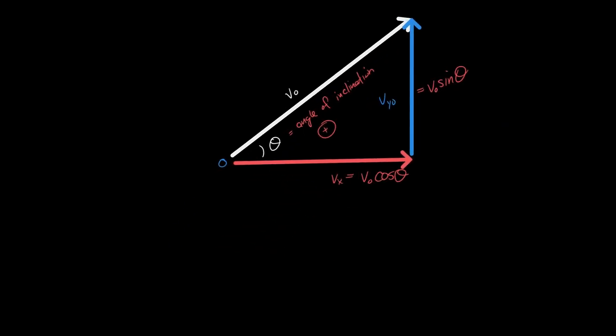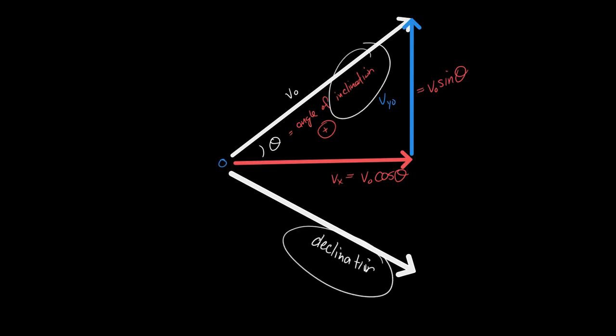The word declination can be used to describe negative angles of launch. So if you see the word declination, then your initial launch velocity in the y direction is negative. It's downwards. So just be aware, inclination, declination. All right?